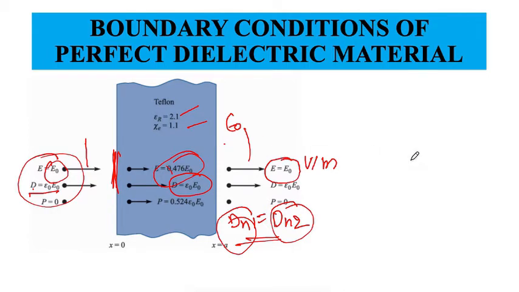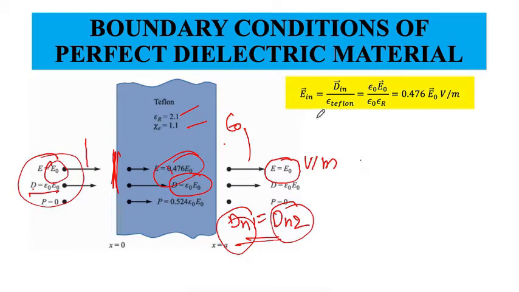E in is equal to D in divided by epsilon Teflon, so epsilon naught and epsilon r, the relative permittivity, which is 2.1. These two cancel, so you get 0.76 E naught volts per meter.